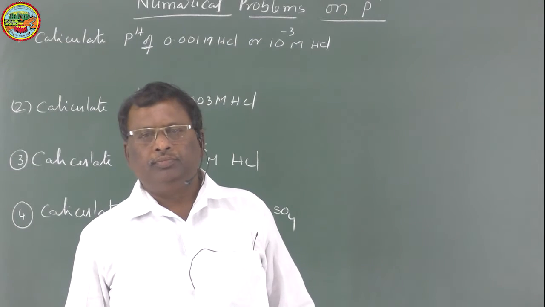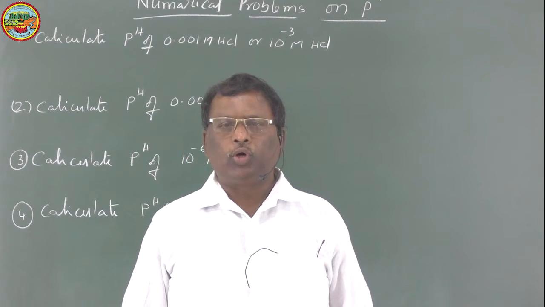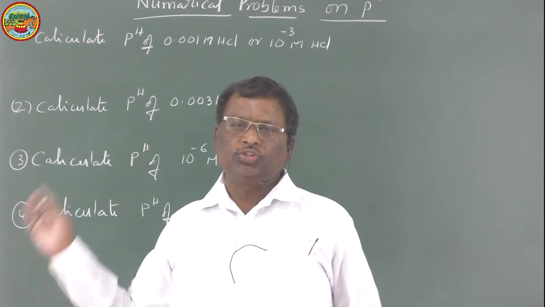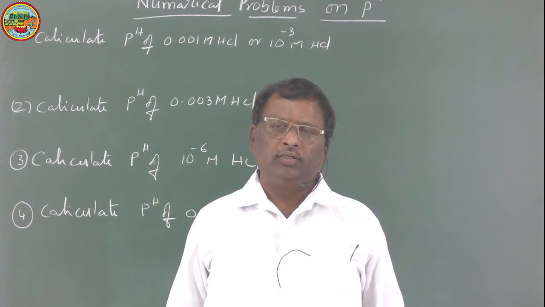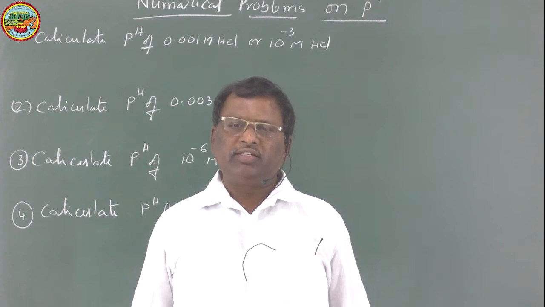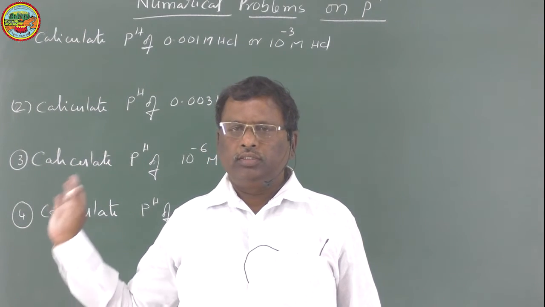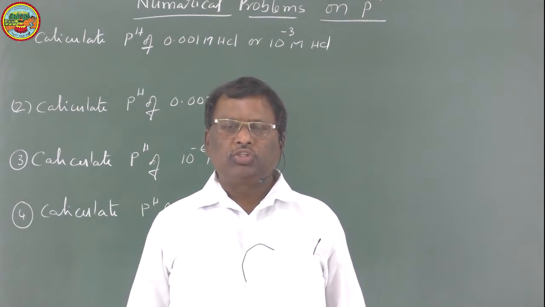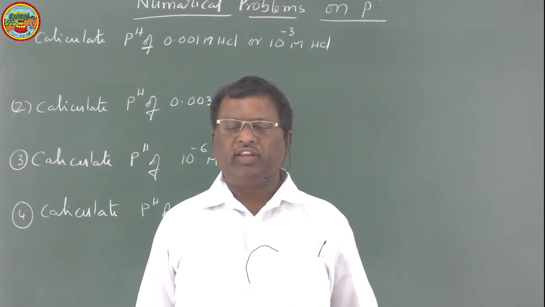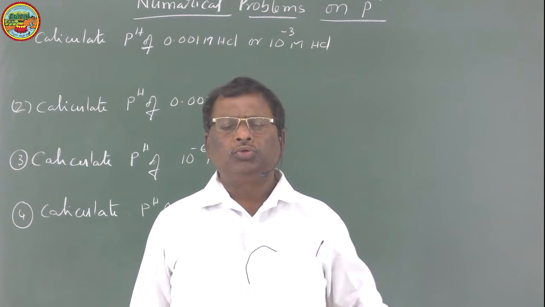Let us do some textual numerical problems on pH. These questions are most important. Already in previous IP examinations and board examinations, these questions were asked to be answered for 2 marks. So these are very important and very easy to solve.